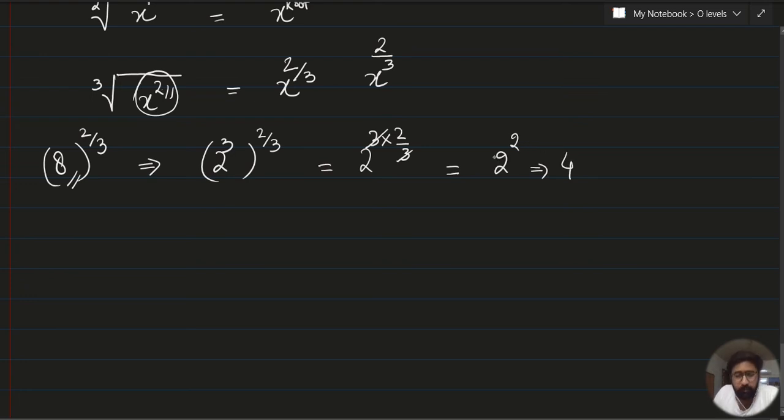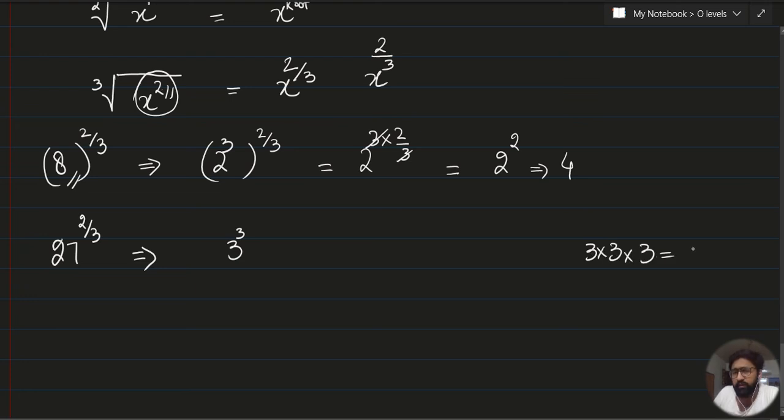ठीक है? अब there can be various questions. For example, 27 power 2 by 3. Let's do this one. It's very similar to the upper one. You need to find such a number that if you take the power of that number, it still gives you 27. So that number is going to be 3 power 3. 3 power 3 का क्या मतलब होता है? 3 multiply by 3 multiply by 3.